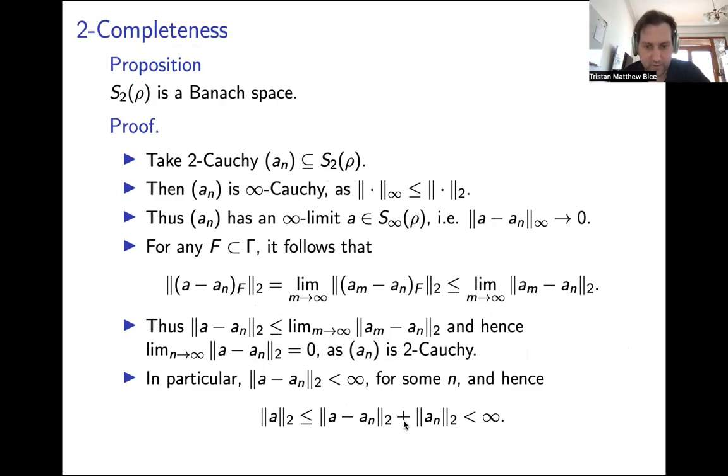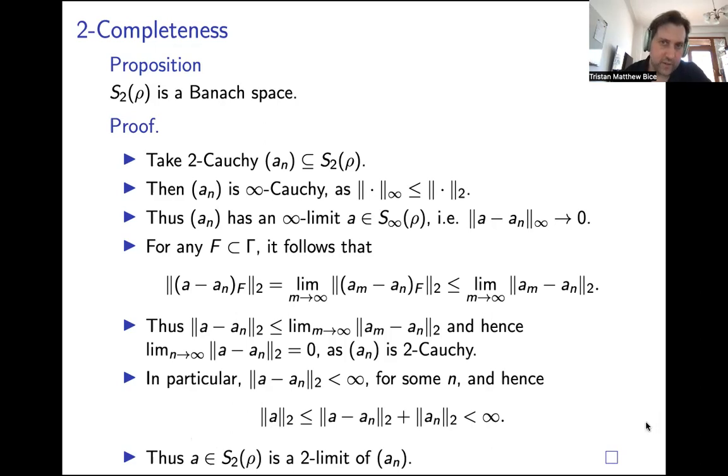We know a_n has finite 2 norm, since by definition a_n lies within S_2. So we found something which is a 2 limit of a_n and which also has finite 2 norm. And that's what we wanted to show. That shows you that the space we have here is indeed 2 complete.